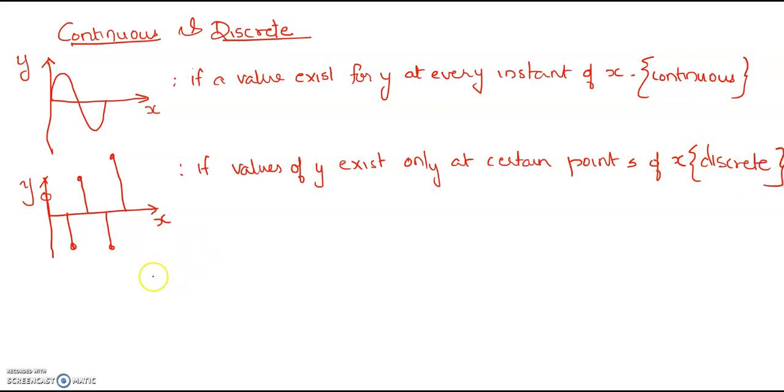Now I have just mentioned it in terms of x as well as y. Based on what you have learned in signals and systems, you mostly have used a graph where you have x of t, with t as the parameter defining x. This would basically mean a continuous time signal.